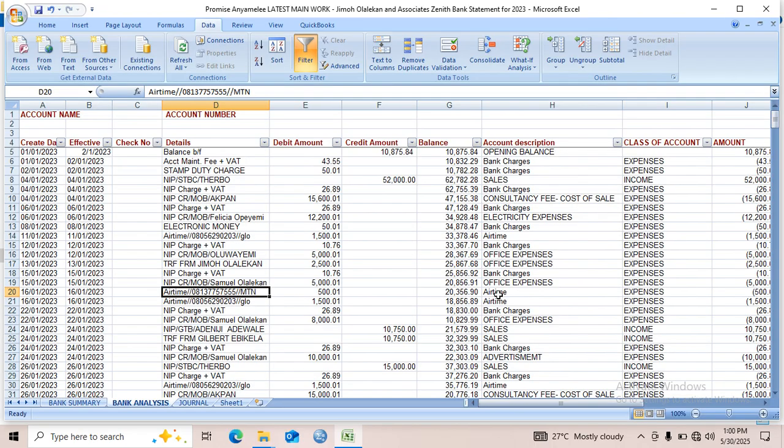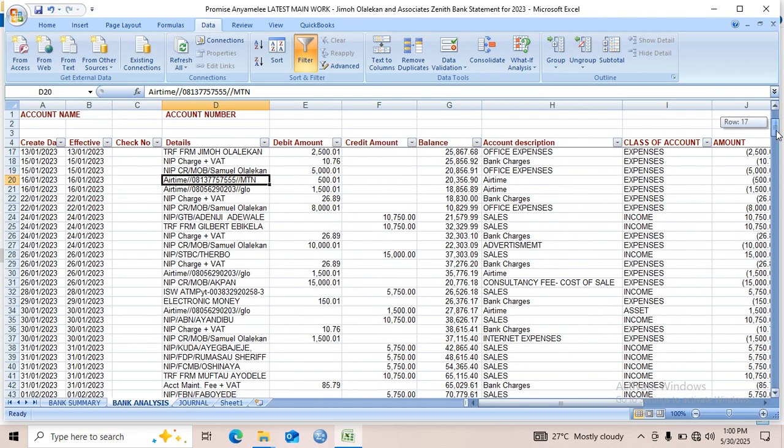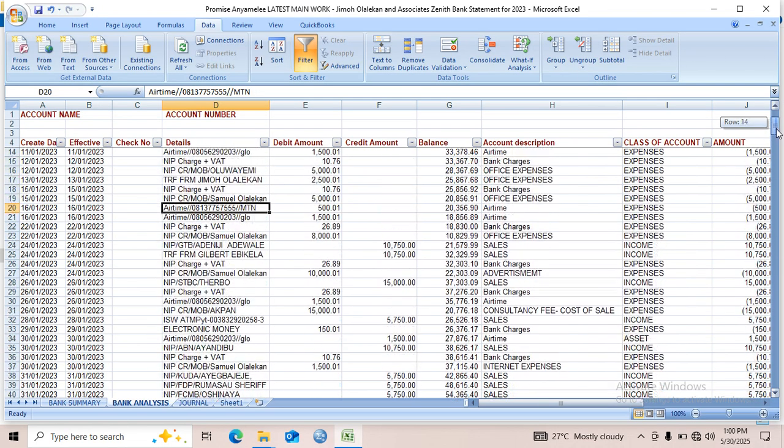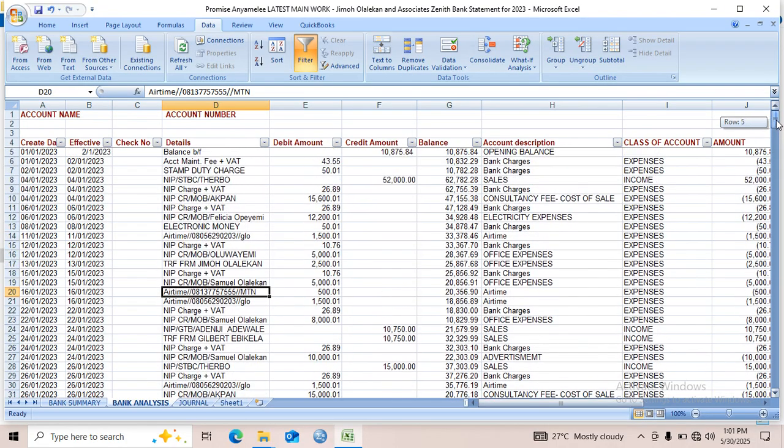You will know that is airtime. Some are not boldly written there. So you need to ask the business owner, what was this money made for? How was this expense incurred? So that you can give it a proper description. So that is how you do it.